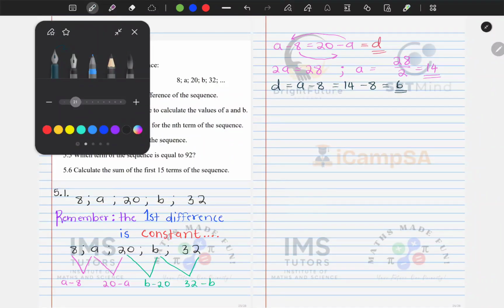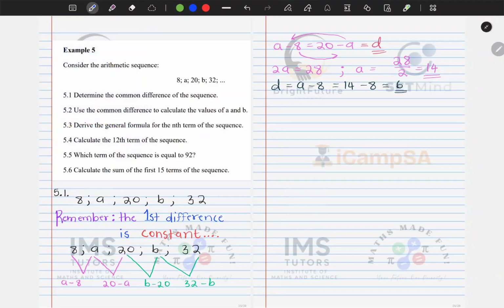Okay? So we can go ahead and find the other part and determine b. For b, we can do it very easily because we know the difference already. So we can do b minus 20, and then we can clearly see that our d, which is 6, gives 6 equals b minus 20. And if you think carefully, our b must be 26 in order for this to work.